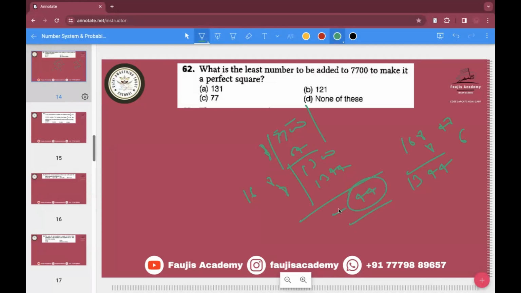They are saying what is the least number to be added to 7700? What is the nearest square to 7700? So we'll have to assume this as some square.